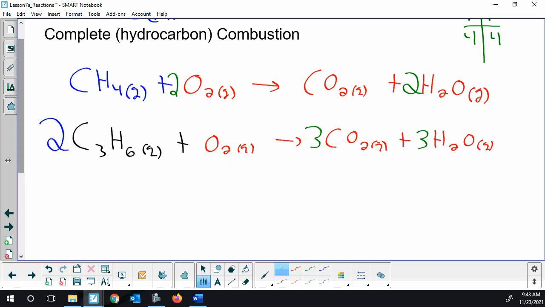It's going to prevent that odd number of waters. So now I have 2 times 3 carbon. So I've got to double my carbon. So instead of that 3, I'm just doubling that to 6. Now my hydrogen is 2 times 6, or 12. So that's going to double my water, and I've got an even number now, and things are going to work out.